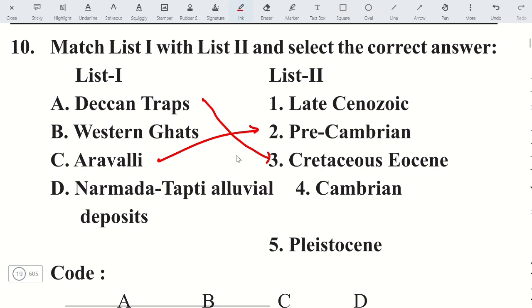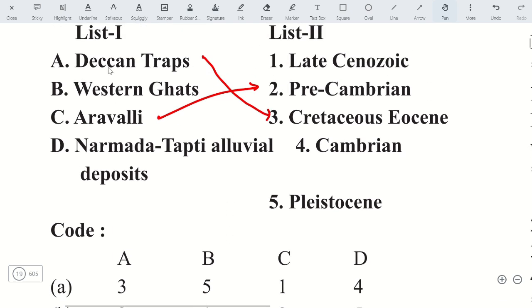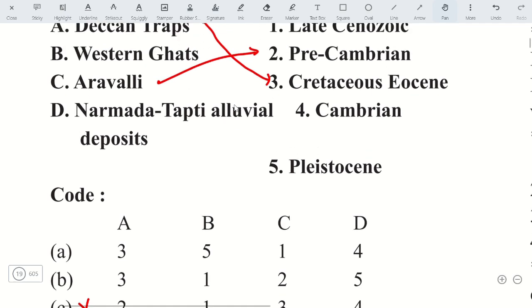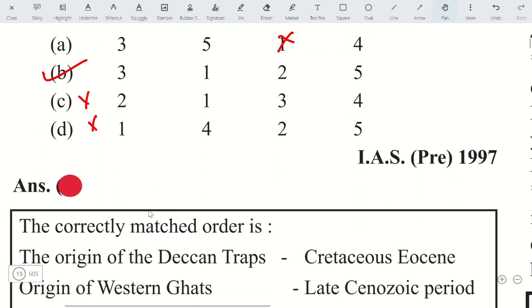So let's check out the options. One is 3, then we can eliminate C and D, and C is with 2, then we can eliminate this one also. So then the answer will be B option. Okay, let's move on to the next question.